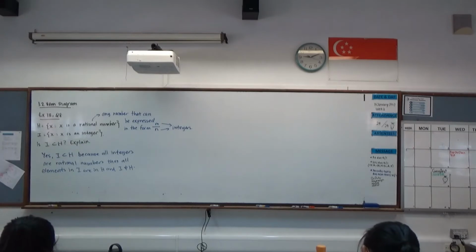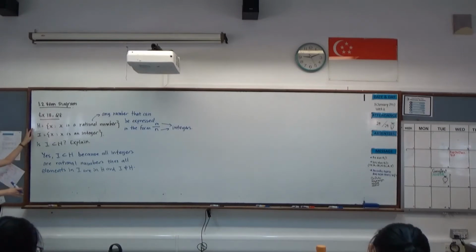With the definition of a proper subset that we learned yesterday, all elements of I would also be in H, and also I is not equals to H. So that is why it is a proper subset.